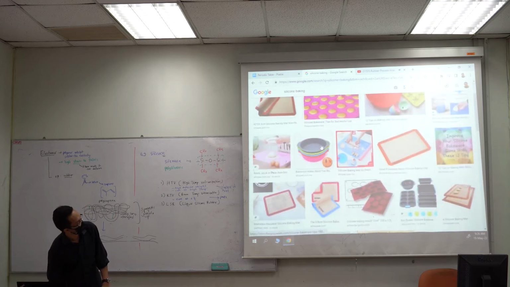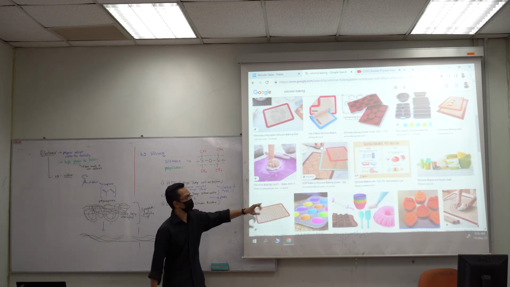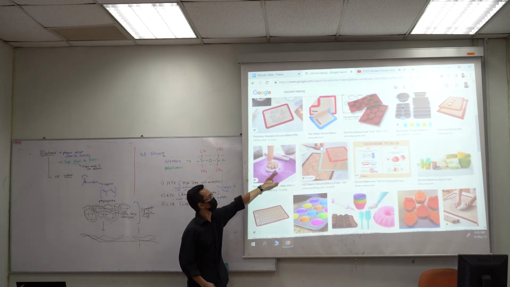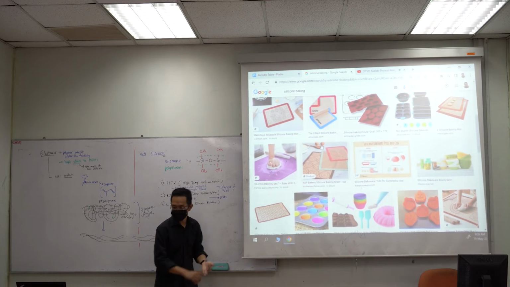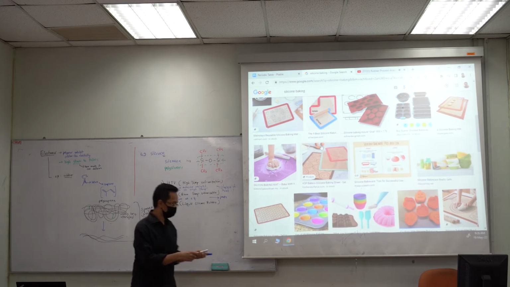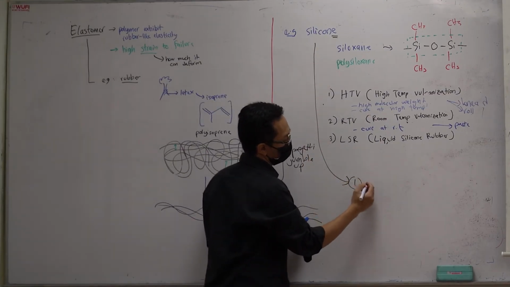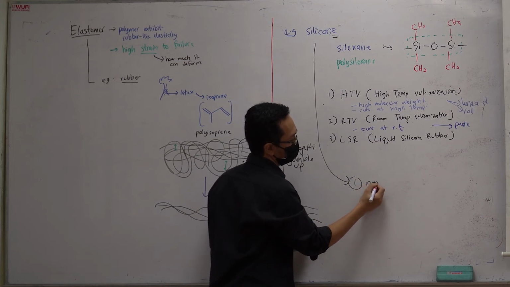Okay, so that is liquid rubber. The advantage of the silicone is that it doesn't stick, and it can sustain high temperature. First is non-stick.